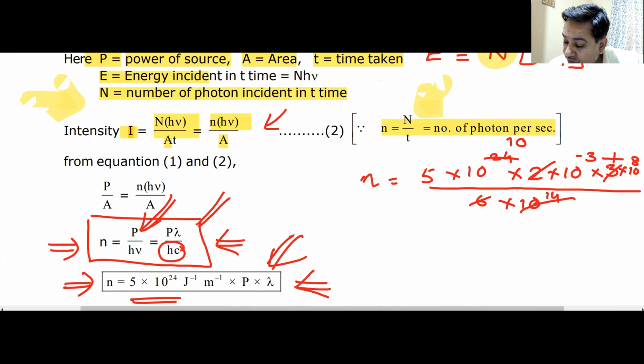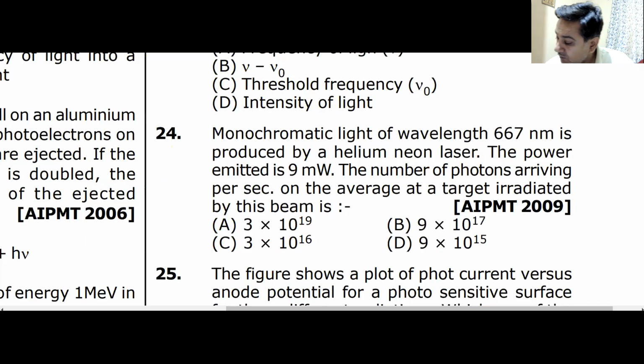Whatever version you use. Here, I think using the long-cut version would be better because N can be written as power P divided by the energy per photon. Power P was 9 milliwatt.